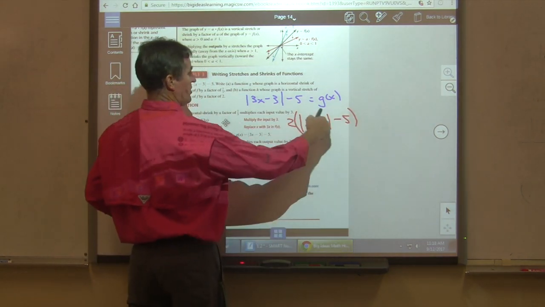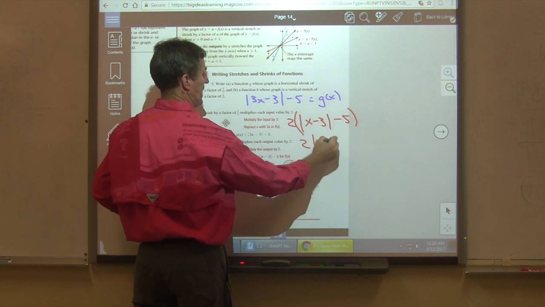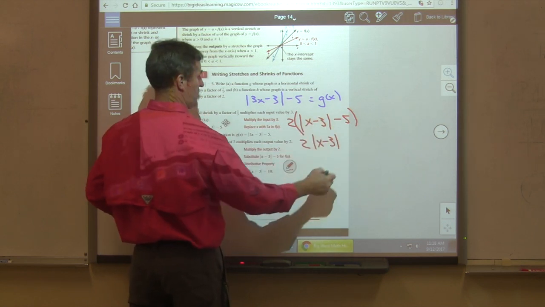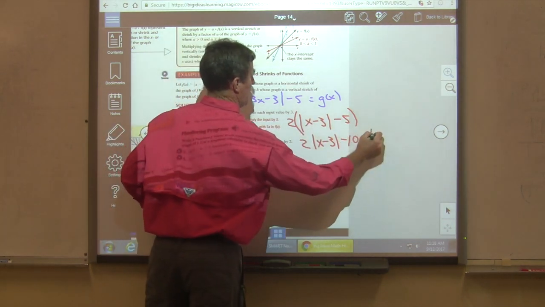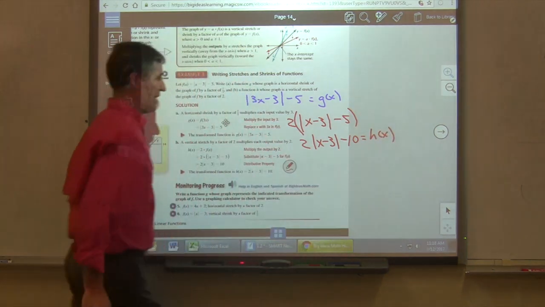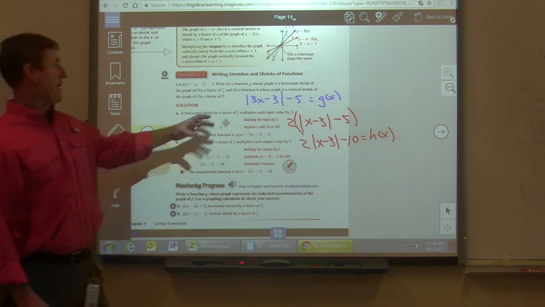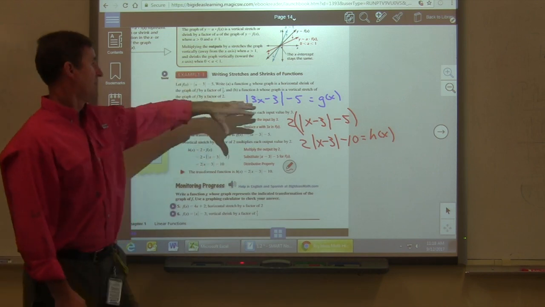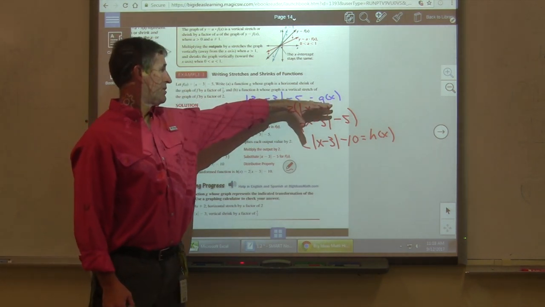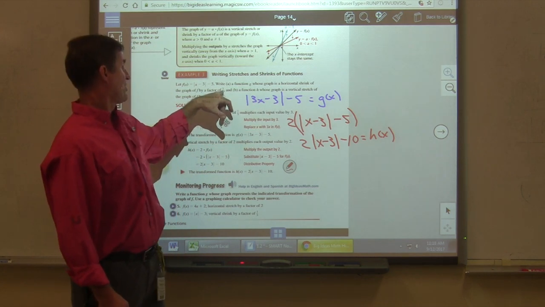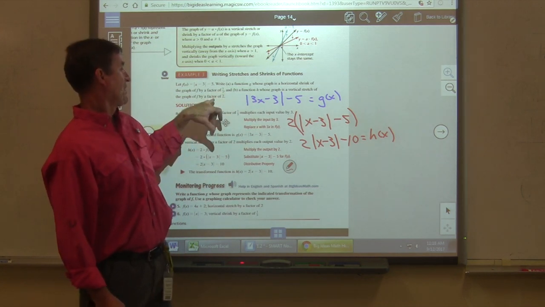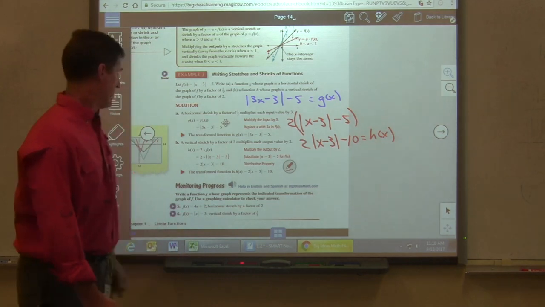Now you don't distribute into the absolute value, you just write it like this, because you have to do the absolute value first. Minus 10 would be our h of x. So that would be a horizontal shrink, and this would be a vertical stretch by a factor of 2.